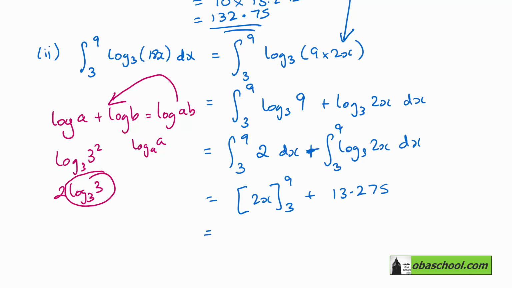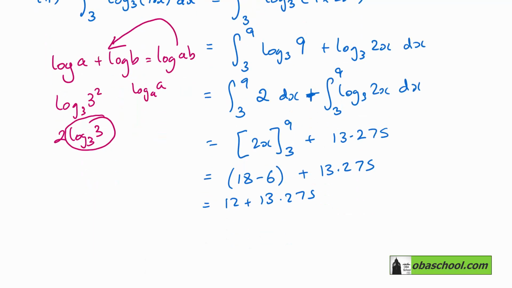So this one is going to be 18 take away 6. 18 take away 6 is 12, so we've got 12 plus 13.275, giving us 25.275.